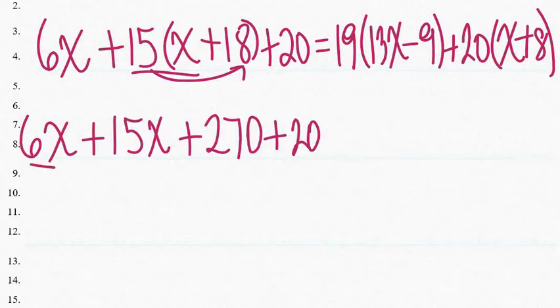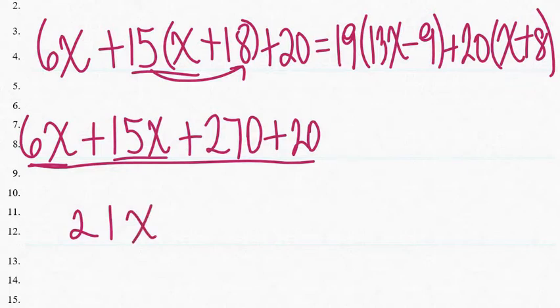Let's go ahead and just condense this down. So our like terms are 6x and 15x. So 6x plus 15x is going to be 21x. And then 270 plus 20 is 290. Okay, so that's the left-hand side.